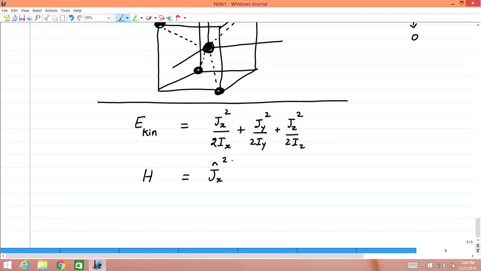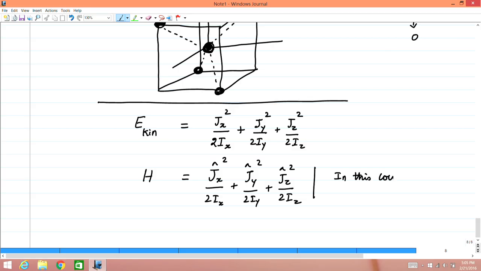If you write this as the operators, then it is j x square by 2 I x plus j y square by 2 I y and j z square by 2 I z. We shall not do that in this course. It requires slightly more detailed analysis. So, what we will look at is the case of symmetric tops.